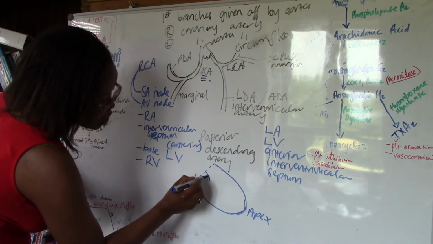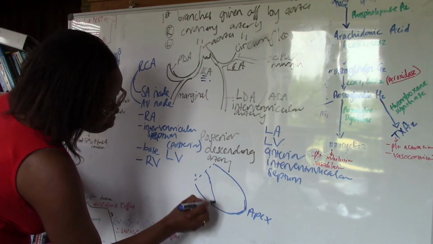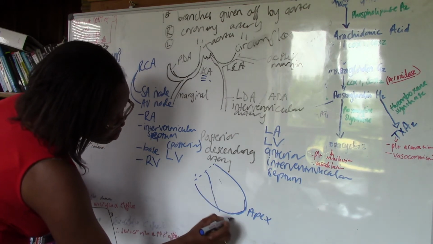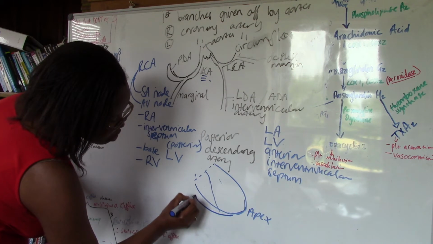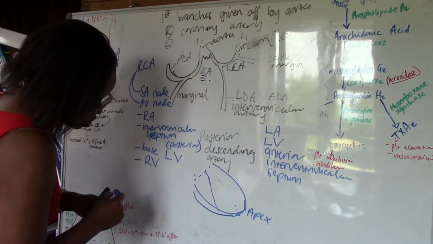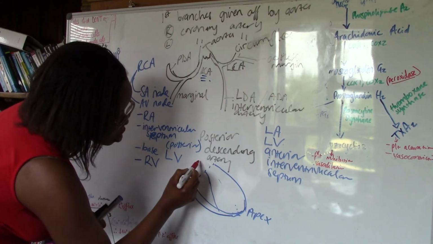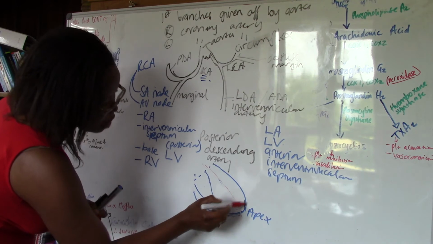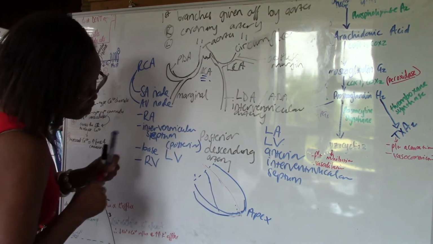So we'll have our right coronary artery giving off the marginal artery there. And obviously this is the right ventricle. All of this is the right ventricle. And that being the left ventricle.